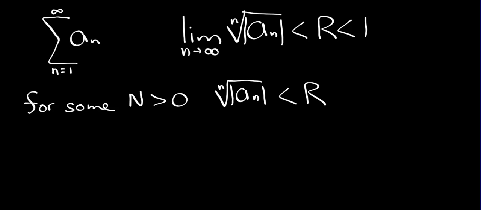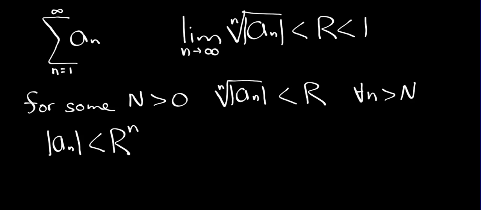So we know that if you go out far enough, you're going to have this situation, and this is for all little n bigger than big N. Well, that means that the absolute value of a sub n is less than r to the n.